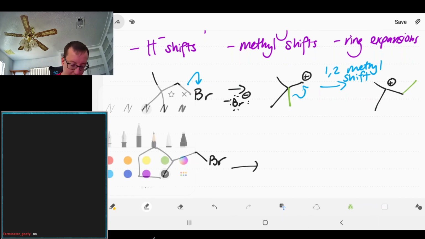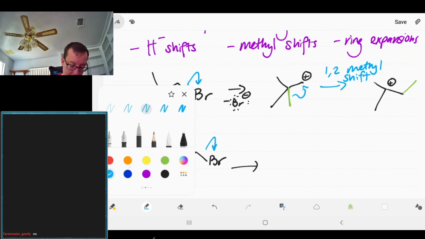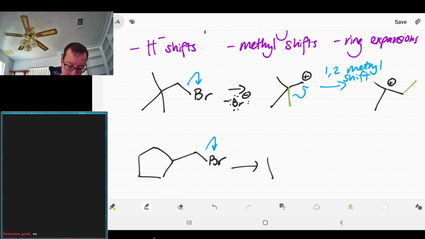If we do an SN1 reaction here, or E1, just showing the carbocations, we have two options here. Probably the better one is actually going to be to go to the tertiary position.